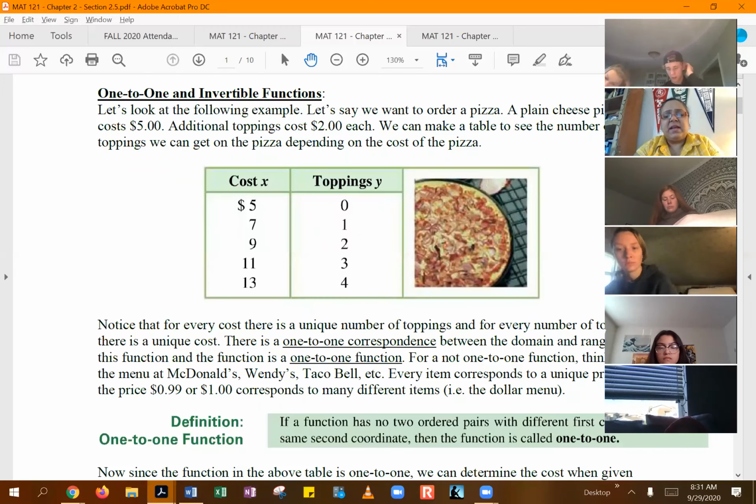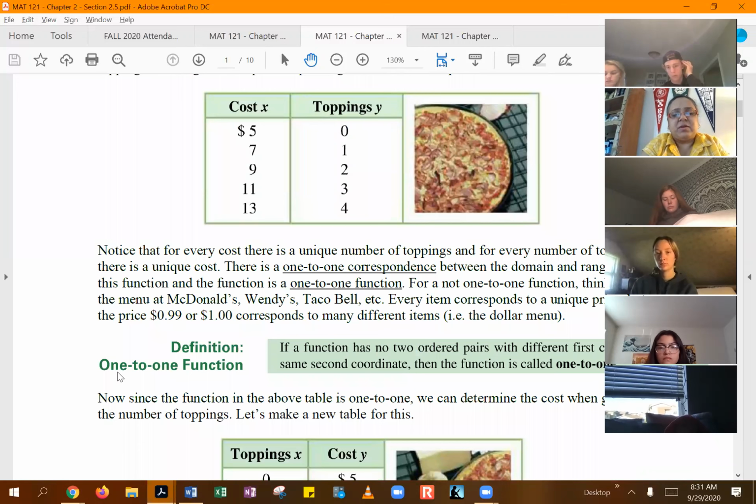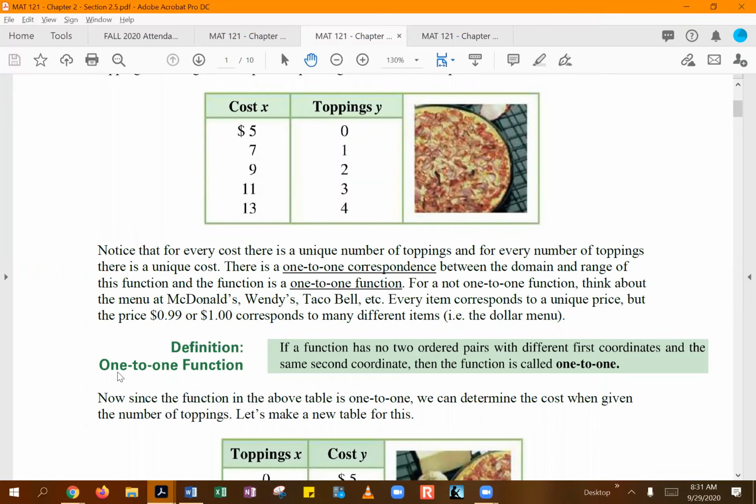So when I'm talking about the one-to-one correspondence, we're basically saying in a function, you cannot have two ordered pairs where you will have different first coordinates and the same second coordinate. So basically we're saying for different x values, you should not have the same y value. Because if you have this happening, where you have the same y value with different x values, that means we do not have a one-to-one correspondence.